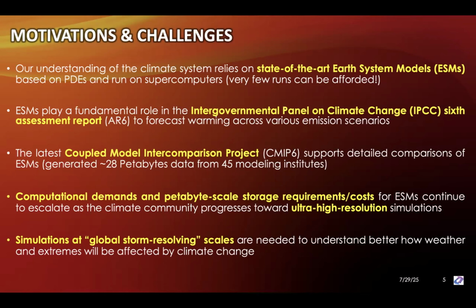We use them for understanding the data and also for forecasting climate and weather variables like temperature, humidity, and others. Those ESMs play a fundamental role for the IPCC, a panel that tries to forecast what's going on in the Earth in the upcoming years and helps us understand the Earth better so that we can take action. So those models are the main tool to understand the climate system.